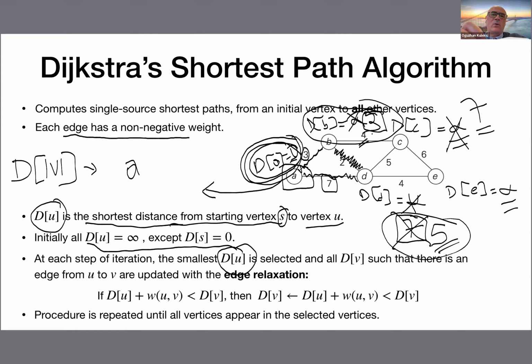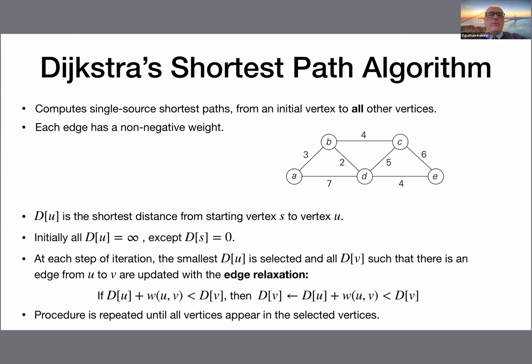Okay, so this is called the edge relaxation. I will repeat it again. Once you have those D array and you choose the smallest one, so whenever you choose the minimum one, you update all the other D values that are connected to the selected vertex. This is called the edge relaxation.